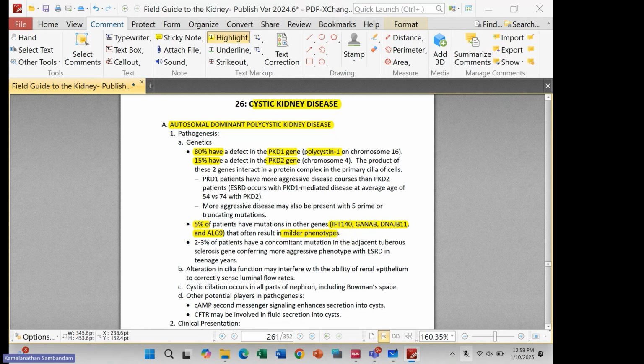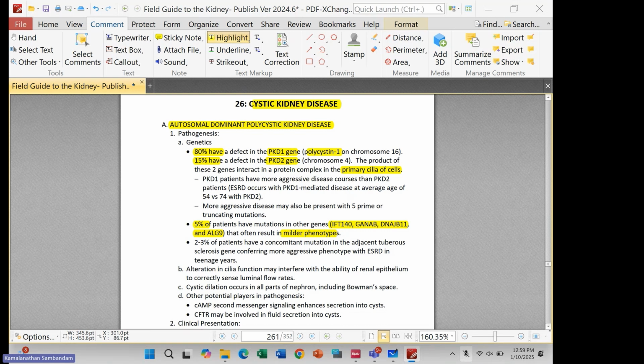So if you have a truncating mutation, that creates a gene with a small transcript that essentially is totally non-functional, those patients would tend to have more severe disease manifestations as well. These genes in general code for the cilia or primary cilia that is present in these tubular epithelial cells lining the entire length of the nephron.